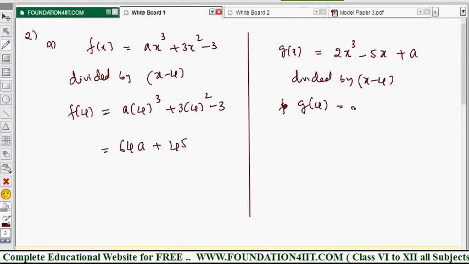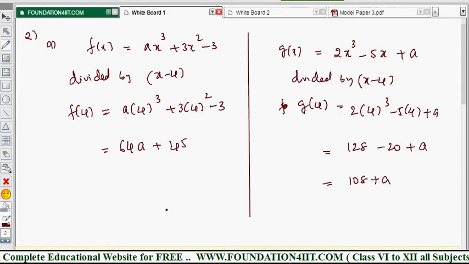And g of 4 is 2 into 4 cube minus 5 into 4 plus a. 64 into 2 is 128, minus 20, plus a. So that is 108 plus a, right?